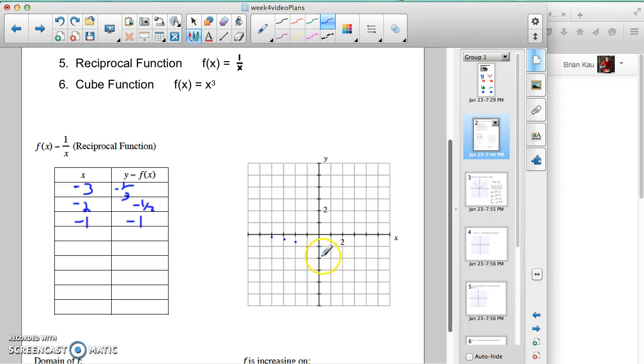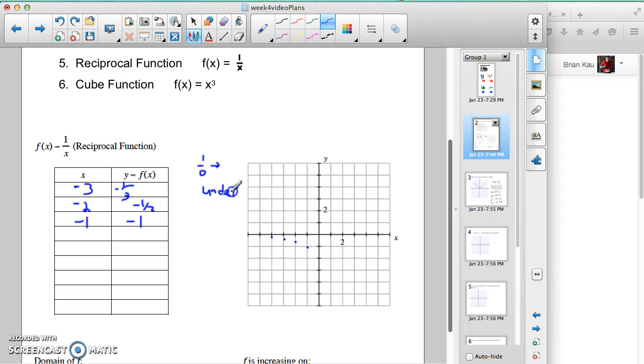We need to figure out what happens over here, because if we try to plug 0 in here, we'll get 1 over 0, and 1 over 0 is undefined. So we can't define the function at 0.